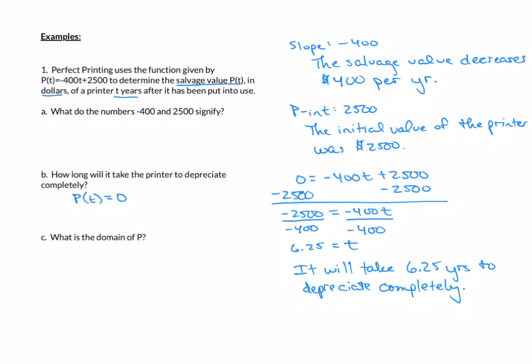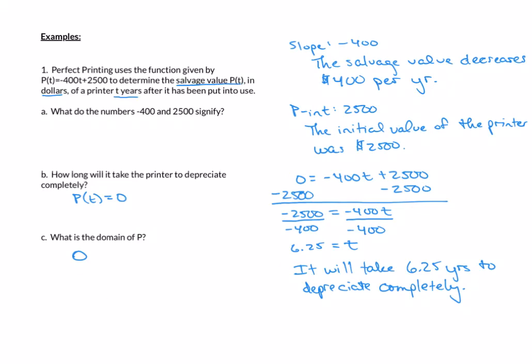And when we talk about application problems, we want to know, where are we going to have values that make sense? So for instance, can you have negative years? And the answer is no. You can't purchase this printer before you purchase this printer. So negative numbers make no sense.